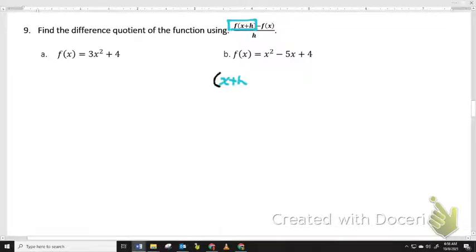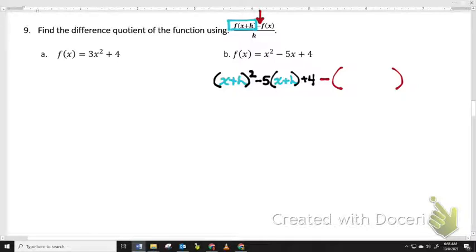So I would have (x plus h) squared minus 5 times (x plus h) plus 4. That's just that first piece. Minus, coming from this right here, and then I'm going to put parentheses around it so that I don't forget to distribute that negative.